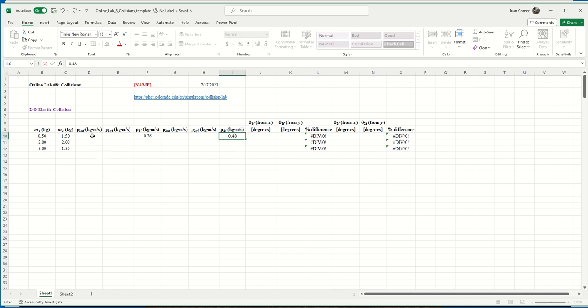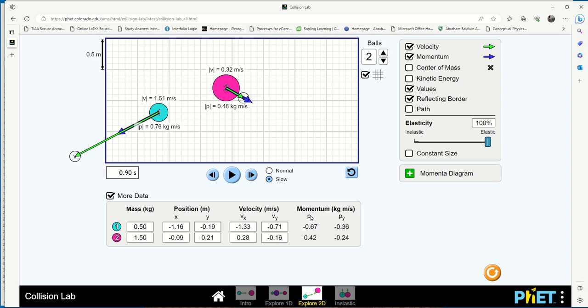Now I need P1x final, P1y final, P2x final, P2y final. How do I get those? Let's look at the simulation. Here they are, because after the collision, this more data section automatically updates itself. Look right here on the far right. The first row is M1, the second row is M2.